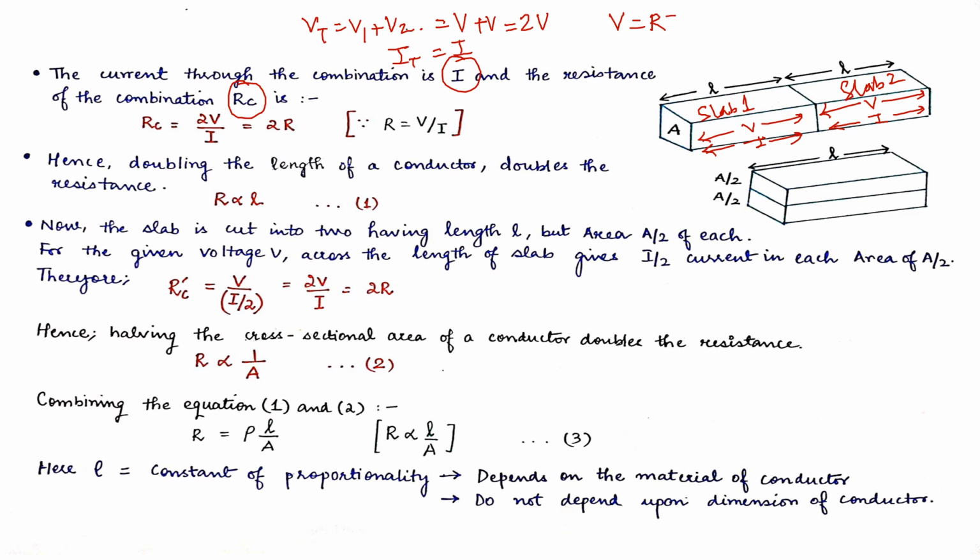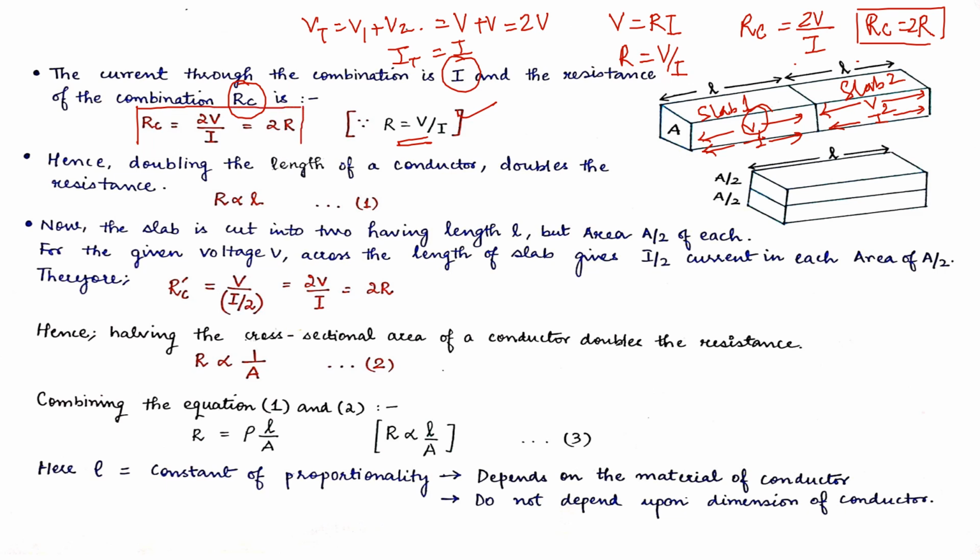So what is the value of resistance? V equals RI, so R will be V upon I. For the combination of both, R combination equals V1 from here plus V2 from here, 2V, divided by the total current I. So the combination's resistance will be 2 times the resistance of a single slab.